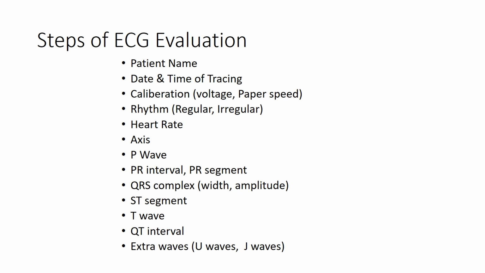After that, we will check for heart rate, and then we will see for the axis, and then we will evaluate the waves as well as the segments one by one, starting from P wave, then the PR interval, then PR segment, then the QRS complex including its width as well as amplitude, then the ST segment, then T wave, QT interval, and at the end we will look for some extra waves including U waves and J waves.